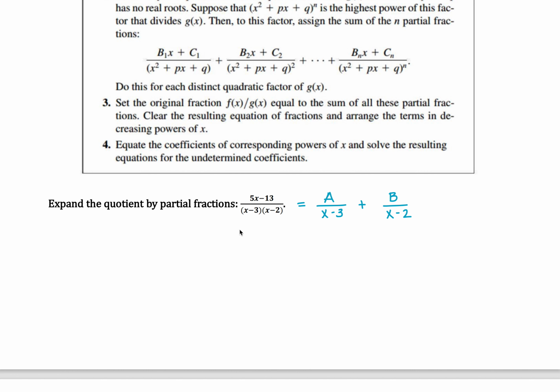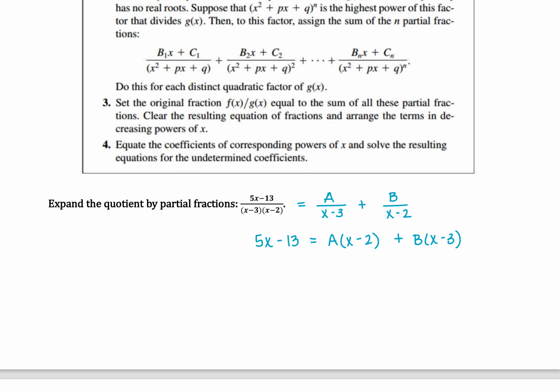So if you were to take that common denominator, x minus 3 times x minus 2, and multiply it throughout this entire equation, you would be left with 5x minus 13 equals A times x minus 2 plus B times x minus 3. And then we can solve for A and B.